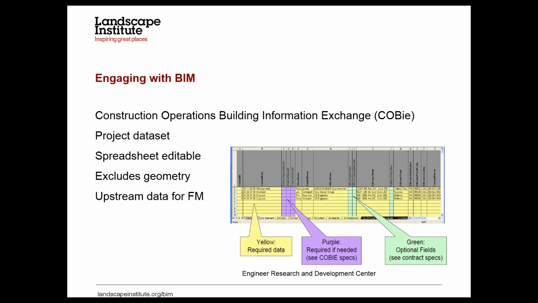It's effectively a project data set. The great thing is, because it's a project data set, it can be accessed using standard spreadsheet data. So people often mistake COBie as a spreadsheet.